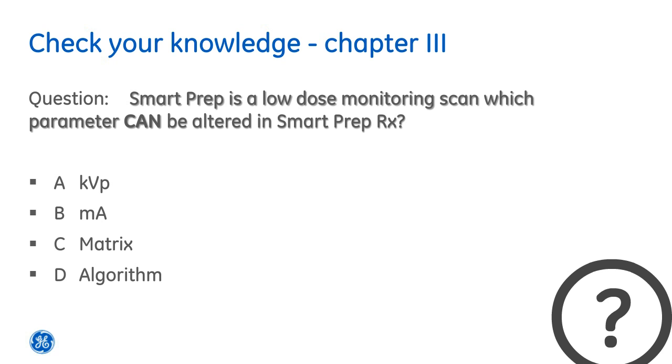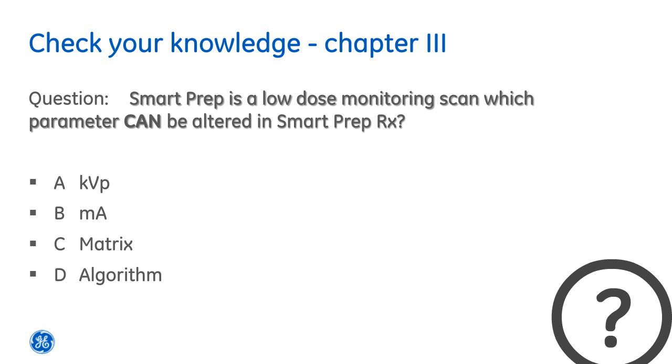So with Smart Prep we want to use a low dose scan because all we're doing is monitoring the arrival of contrast. Which of these parameters can be altered? And the answer is just mA. The kV that is used is the kV that you've done your initial baseline scan with.